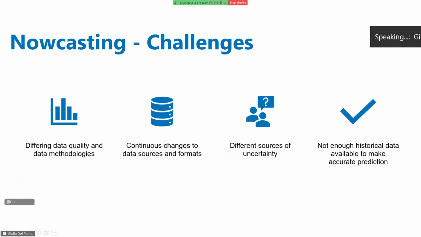So if you have rounded data, you lose information, and if you then have to apply a model to it, there's even more uncertainty around it. So there are different sources of uncertainty that come from different things like rounded numbers, modeling, maybe different data quality, etc. And in some cases, we don't even have enough historical data to make accurate predictions.